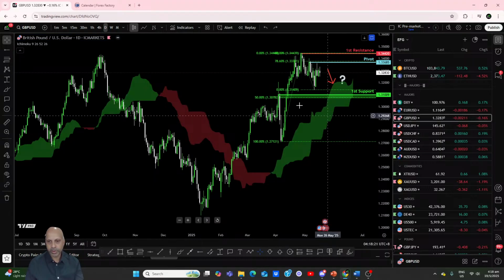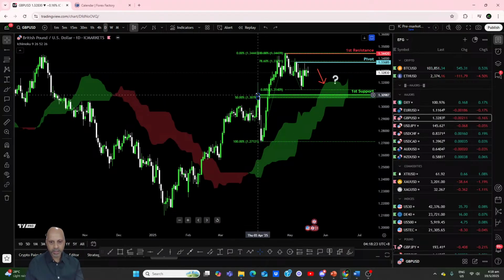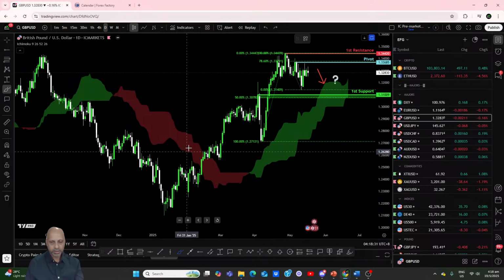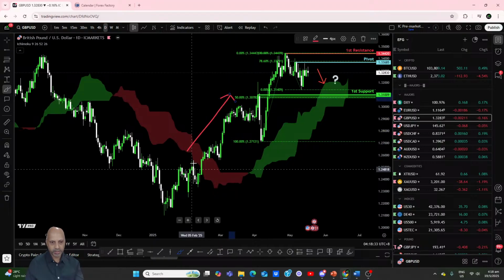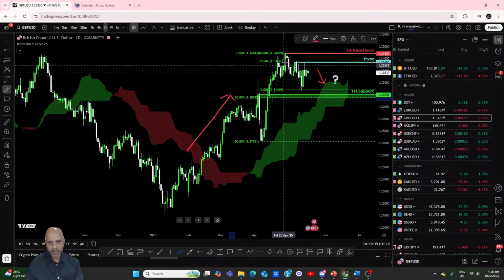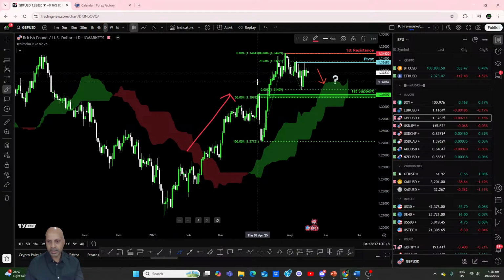Now, in terms of support, when I look at the chart on 3rd of April, we can see a pretty decent resistance barrier being formed here, as cable was rising sharply since mid-January. It hit a high of 1.3206 on 3rd of April before reversing on 4th of April at around 1.3100.